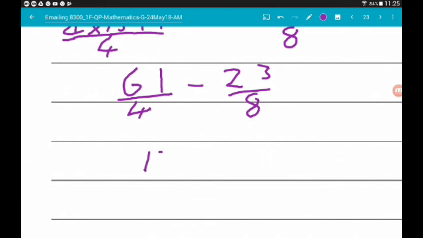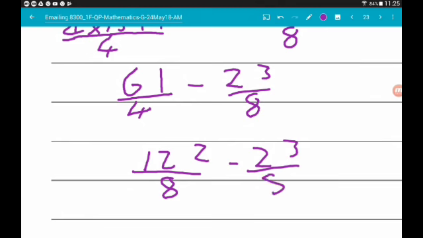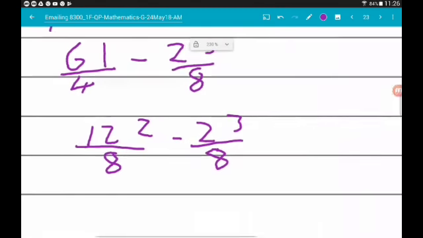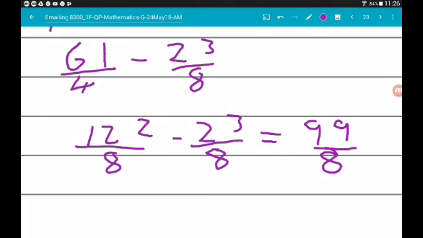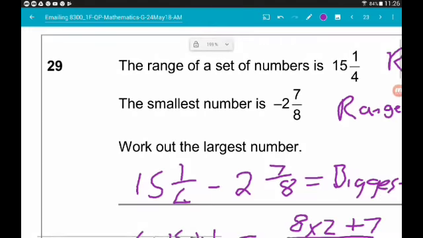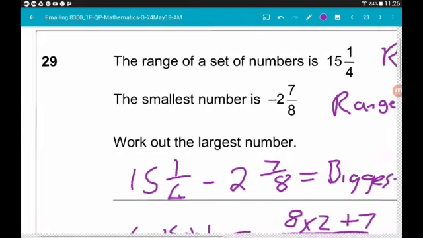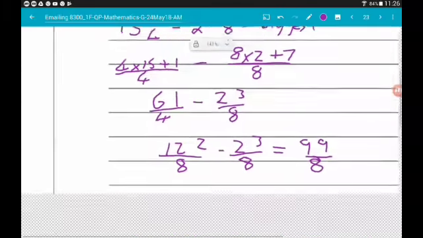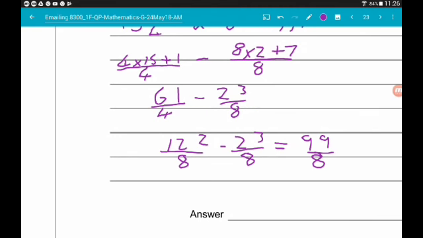So we get 122 over 8 minus 23 over 8. And that is going to give us 99 over 8. Now I don't think they asked for it in any specific form, which they didn't. So 99 over 8 would be a fine answer.